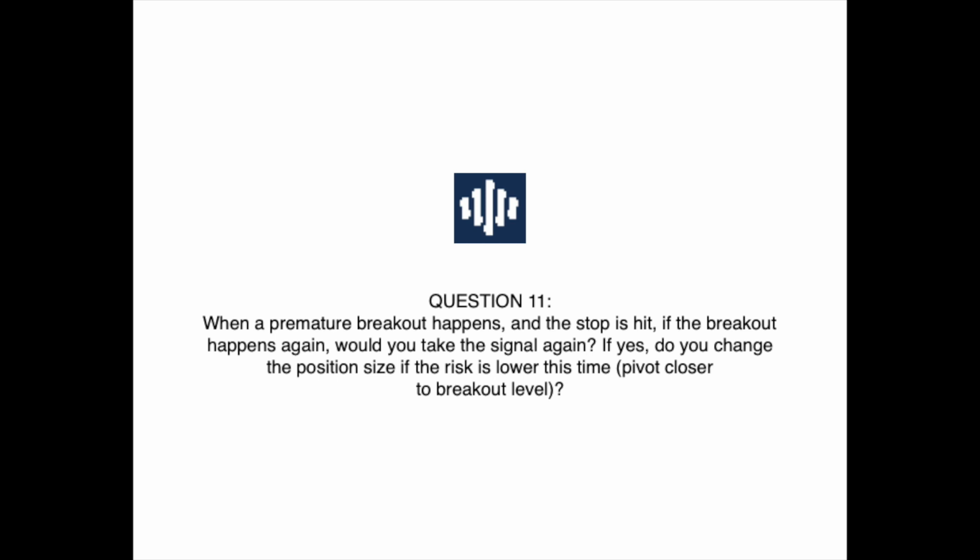Yes, if I don't have any other opportunity that is a fresh breakout, I would consider it. Position size, if the risk is lower, I'm not able to answer this, because each position size is the same for me. Each trade idea is positioned with the same size.